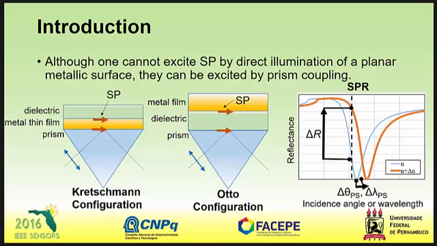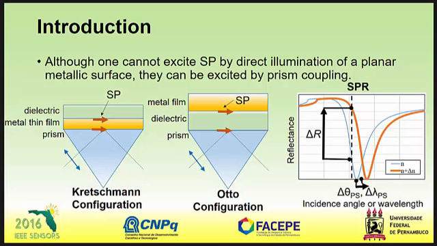Although one cannot excite surface plasmons by direct illumination of a planar metallic surface, they can be excited by using some prismatic coupling. There are two main types of configurations using a prism. The first one is the Kretschmann configuration and the other is the Otto configuration.